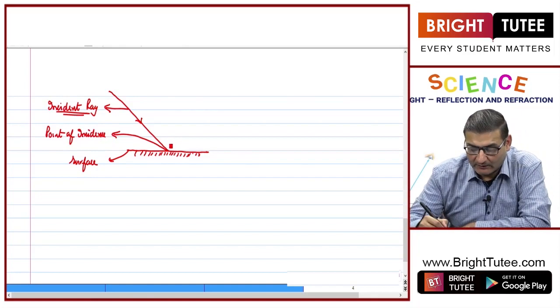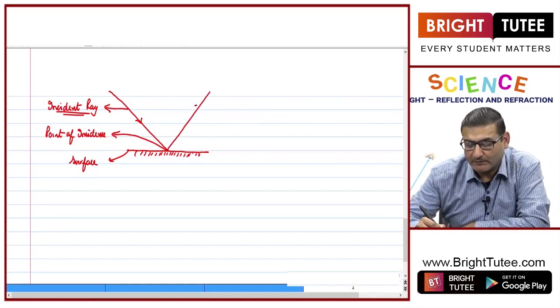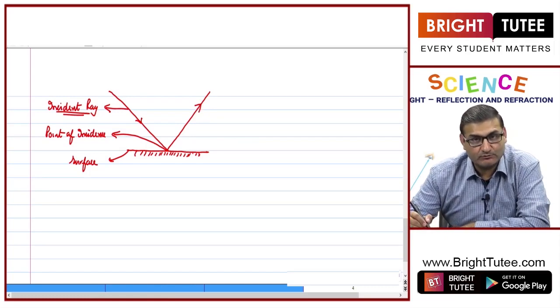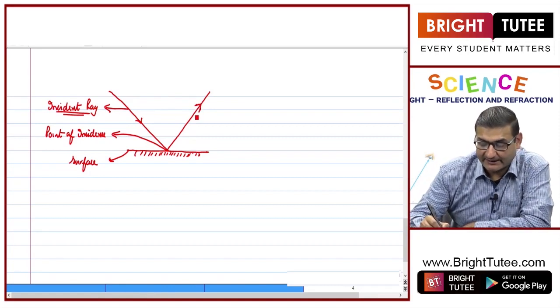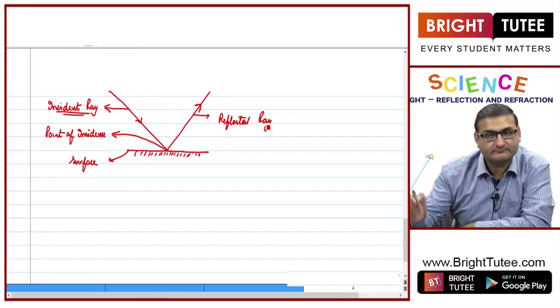Now, after striking this surface, this ray of light is going to bounce back. Once again, the arrows are very important. You need to show the arrows for the direction of the ray. This ray of light which strikes the surface and bounces back, we call a reflected ray.